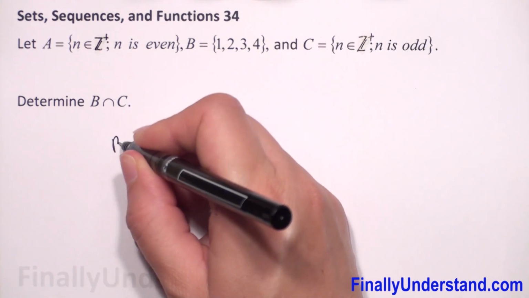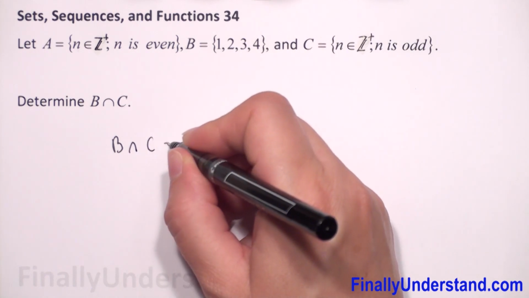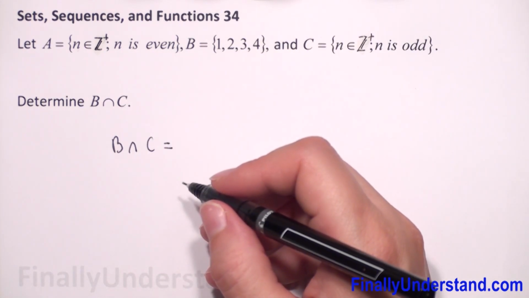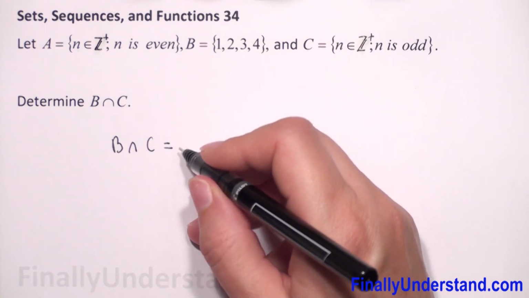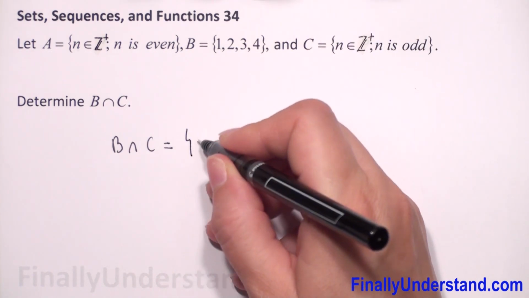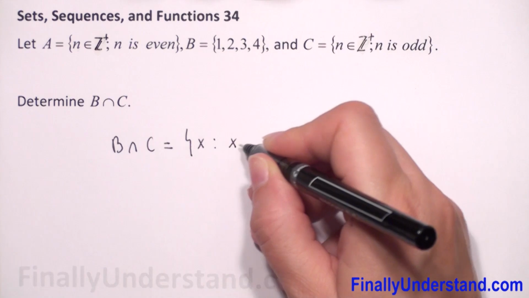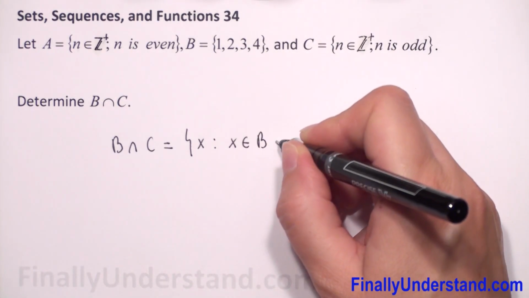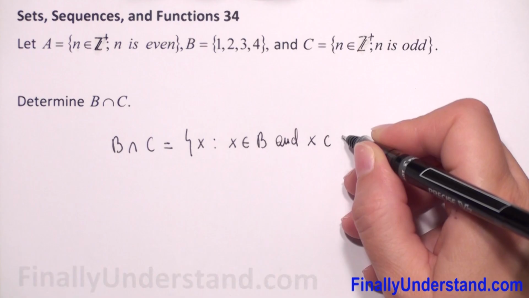The intersection of sets B and C is the set of elements which belong to both B and C. So we can write that this is all elements such that X belongs to B and X belongs to C.